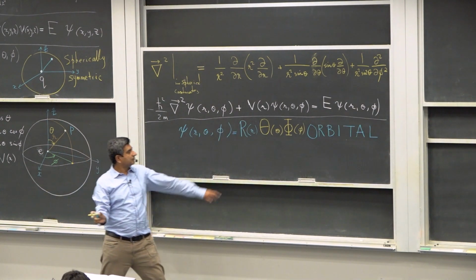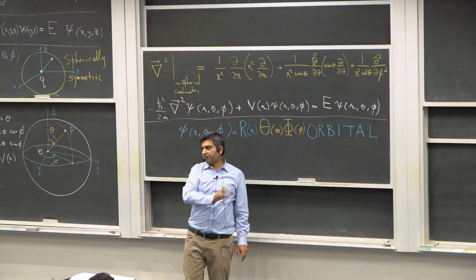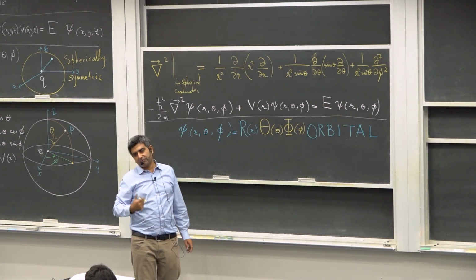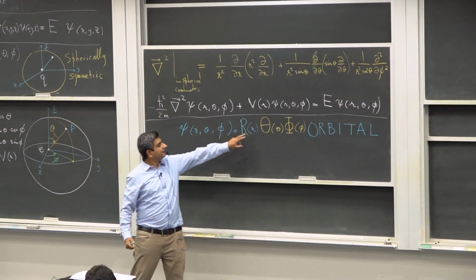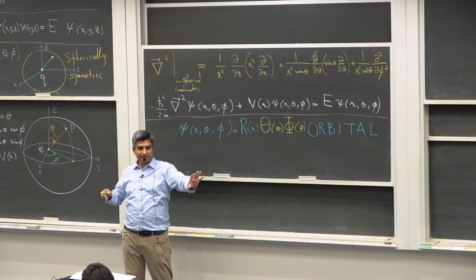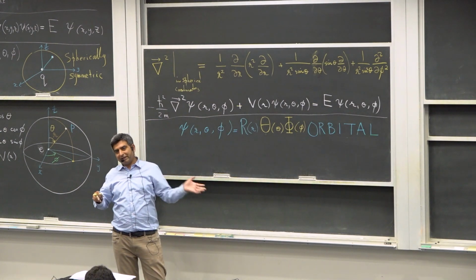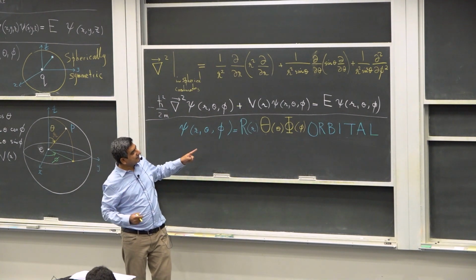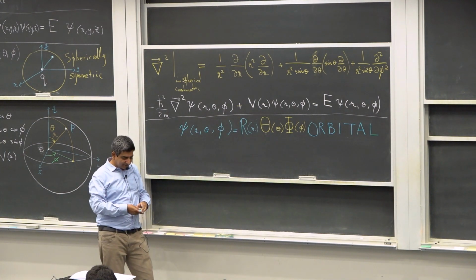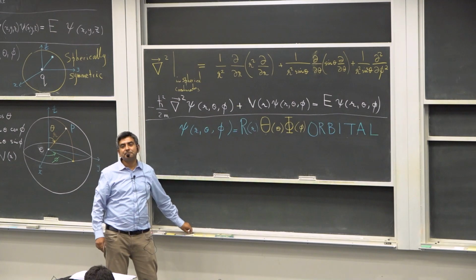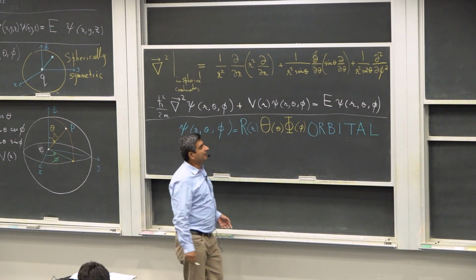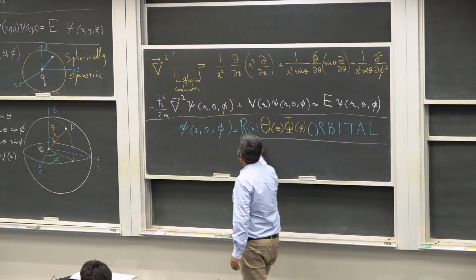So now I can write my entire Schrodinger equation with this definition in the form minus h bar square over 2m, times the Laplacian of psi of r theta phi, plus V of r psi of r theta phi. I'm still going to write this as V of r. V of r really is equal to this function over here. This equals E psi of r theta phi.